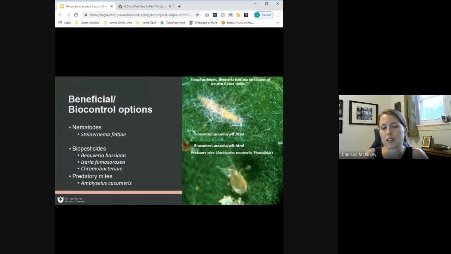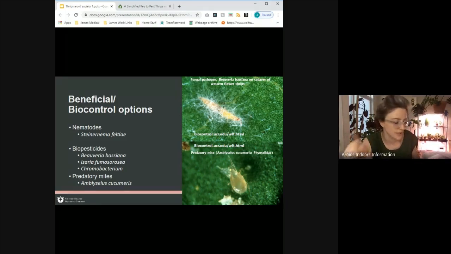More research has been done with cucumeris, and it's shown efficacy, whereas Swarovski is kind of hit or miss. Possibly with some of the smaller thrips species, you might see more efficacy with Swarovski, because I know it also feeds on broad mites. So possibly with chili thrips, you might see Swarovski working well, since chili thrips also hide out in the buds of plants.